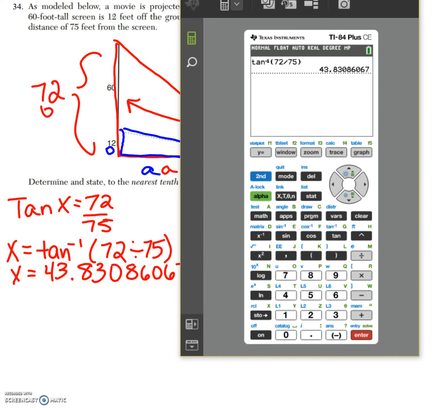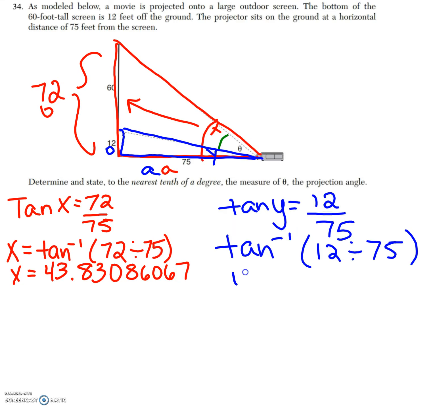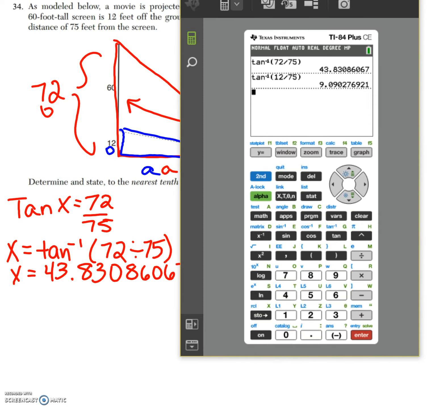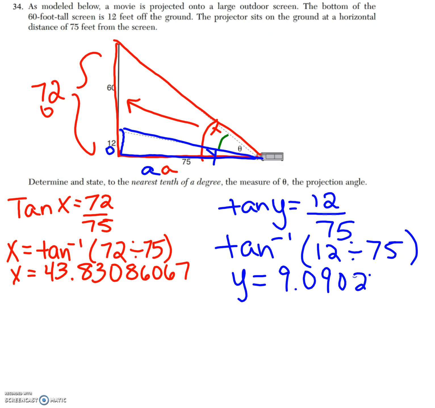I'm going to type that into the calculator. Second tan 12 divided by 75 and hit enter. And my angle is 9.0927, etc. So Y equals 9.09027 and whatever the rest is.